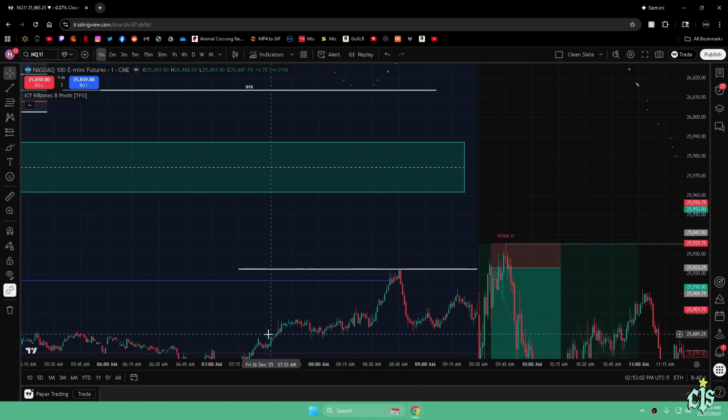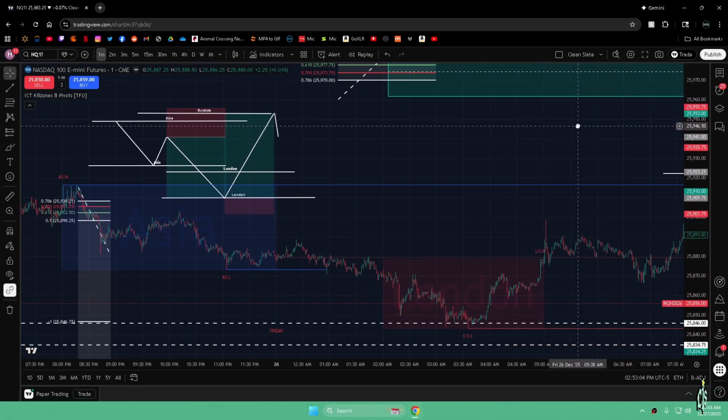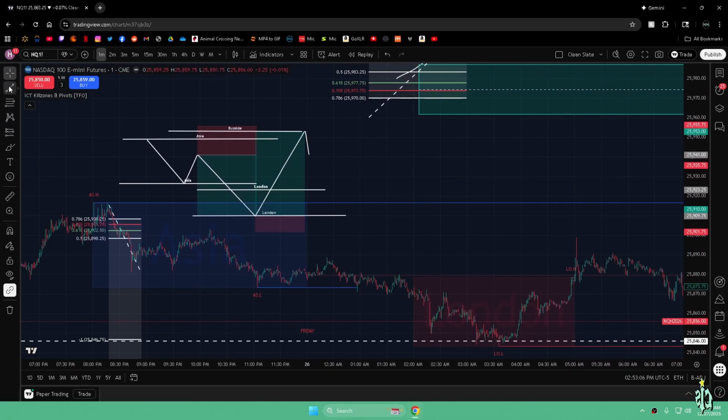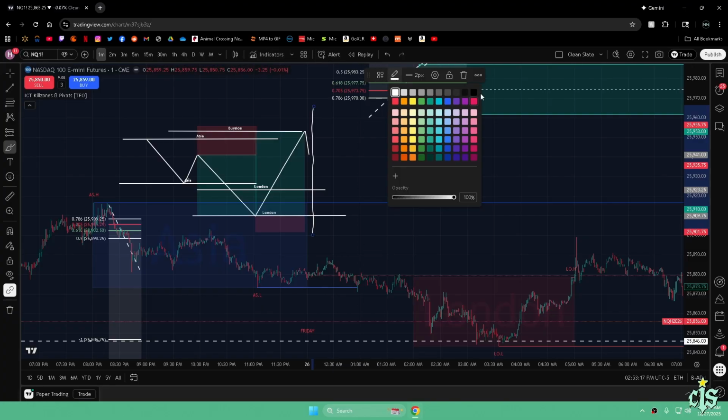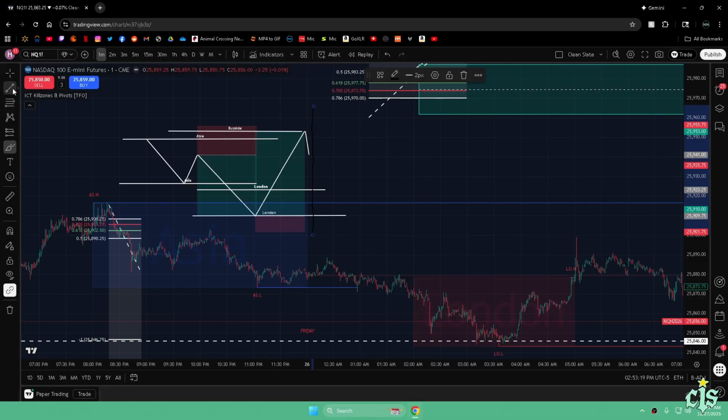Okay, now basically, here's what I did. Market opens. Let's do a little split right here, and let's mark this as black.